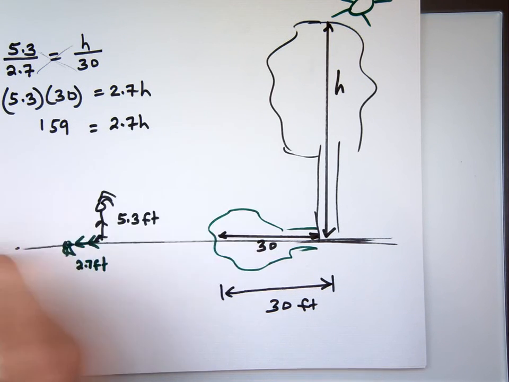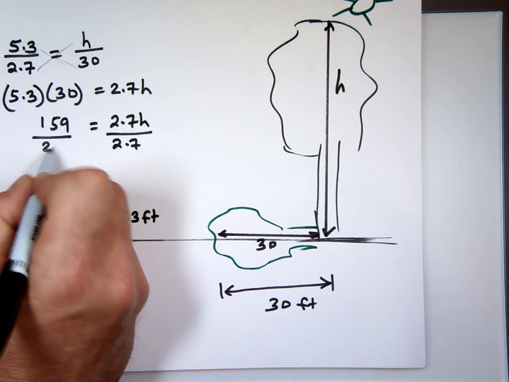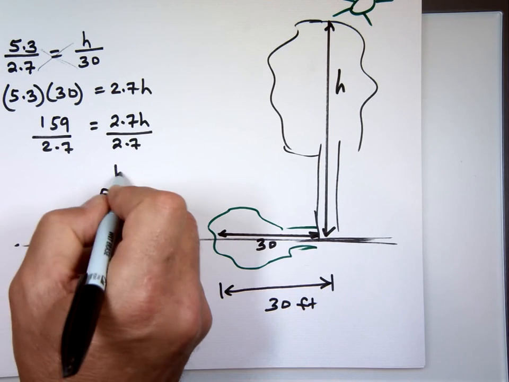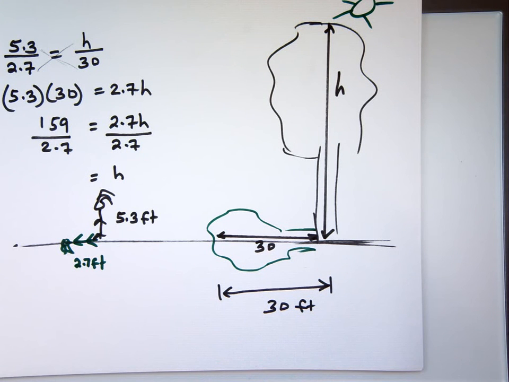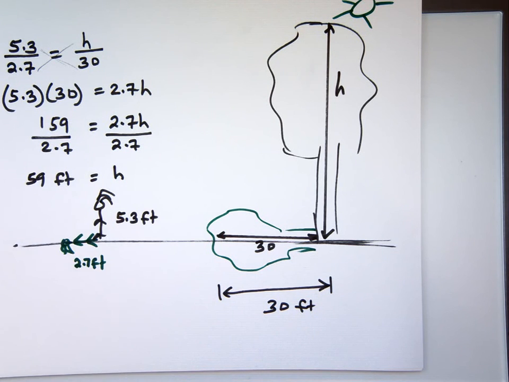Can I solve for h? Roughly 59 feet. So that particular tree is 59 feet tall, based on my numbers.